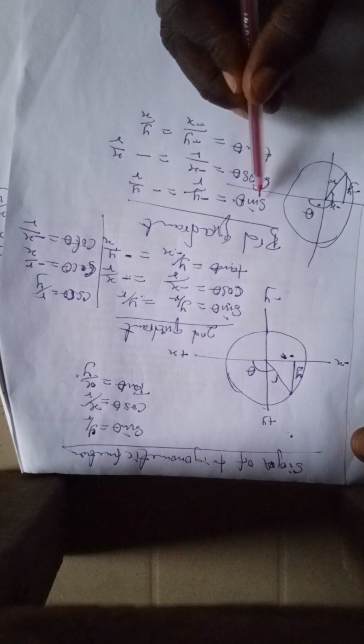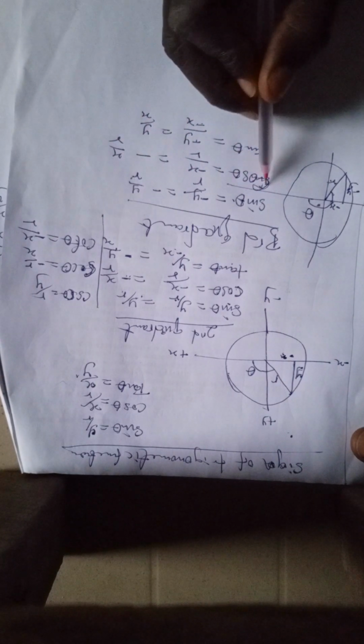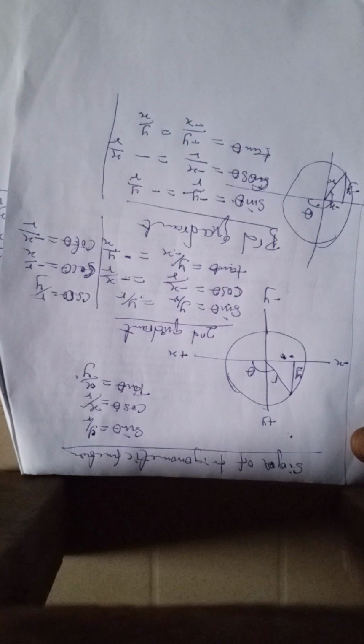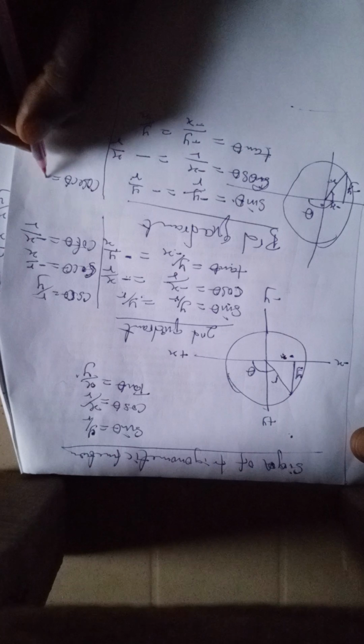So you see, in the third quadrant, sine is negative, cos is negative, and tan is positive. Their corresponding reciprocals behave the same way. For sine you have cosec theta, which is minus r over y.